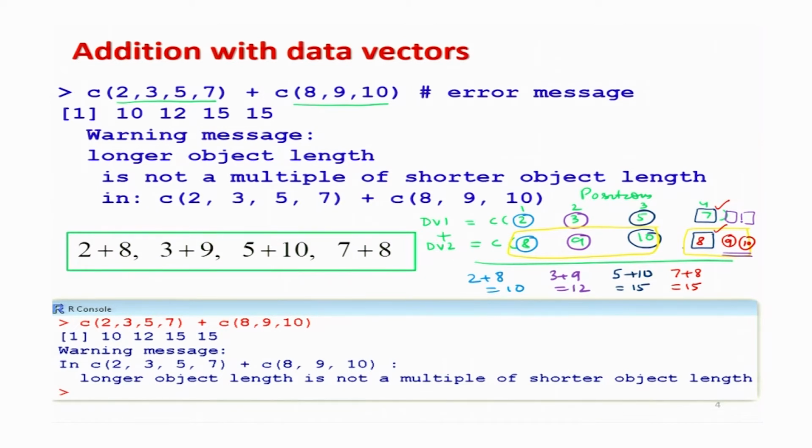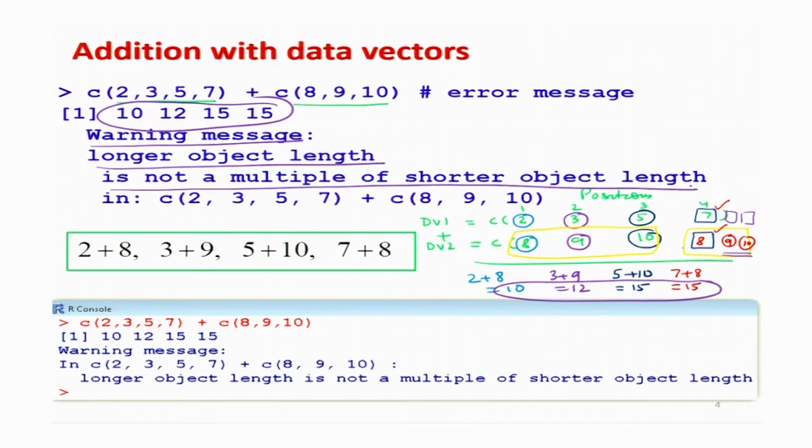But R does not want to move further, so R stops here and gives the same answer, 10, 12, 15, 15, but it gives you a warning message. The warning message says that the longer object length is not a multiple of shorter object length.